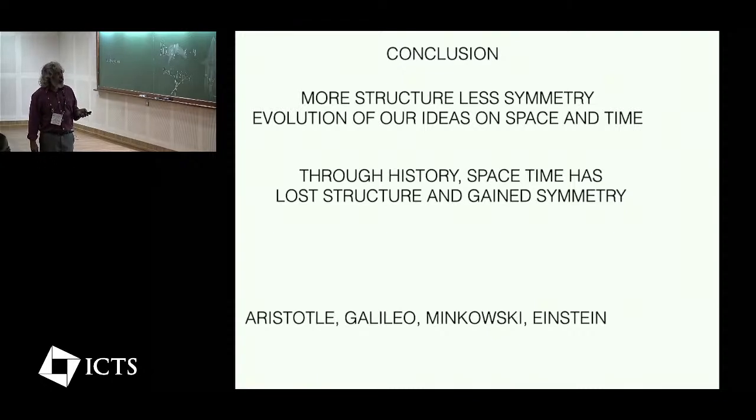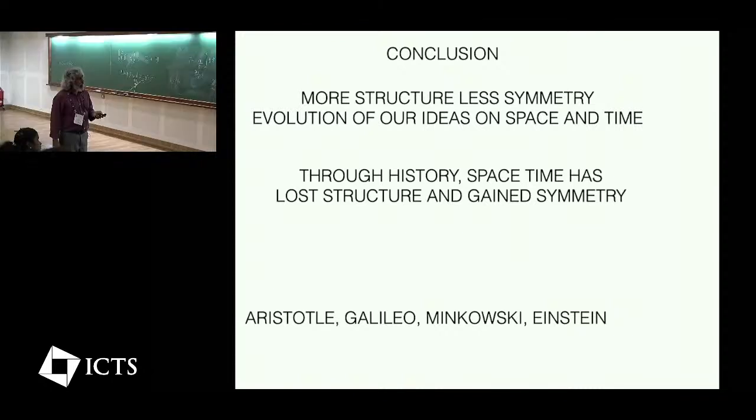And progressively, this has got more structure, slightly less structure, the same amount of structure but slightly different structure here, and finally even less structure. And consequently, the symmetry is, here it's very large, gets a little smaller, it gets different when you go from Galilei to Minkowski, and finally it gets huge when it gets to Einstein. The amount of symmetry in the physical laws. Yeah.